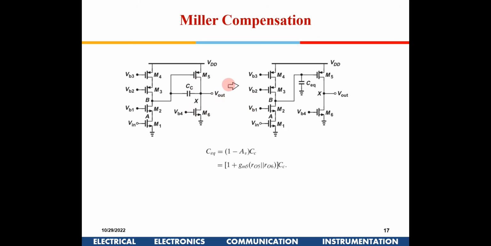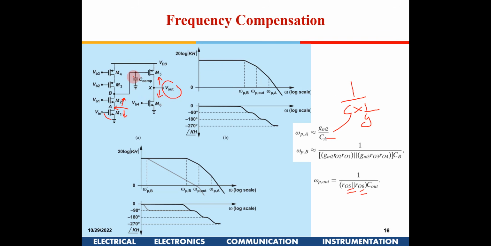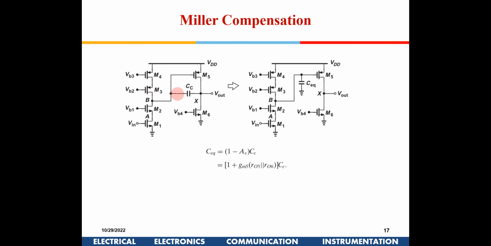Now here in this case, you have to use a big capacitance, so that could take some area. So, instead of connecting that capacitance to ground, if you connect it like this out here, as the signal is moving from here to here, there is a voltage gain, because this is a first stage amplifier and this is a second stage amplifier.